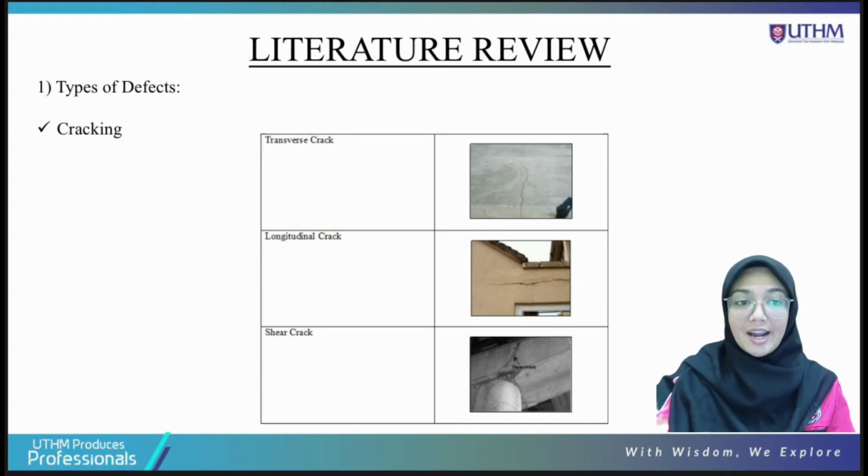For the shear crack, a crack will form if the building's structural components are subjected to any kind of stress or movement. Another factor that contributes to this sort of cracking is a material's shear capacity being smaller than the shear force acting on it.